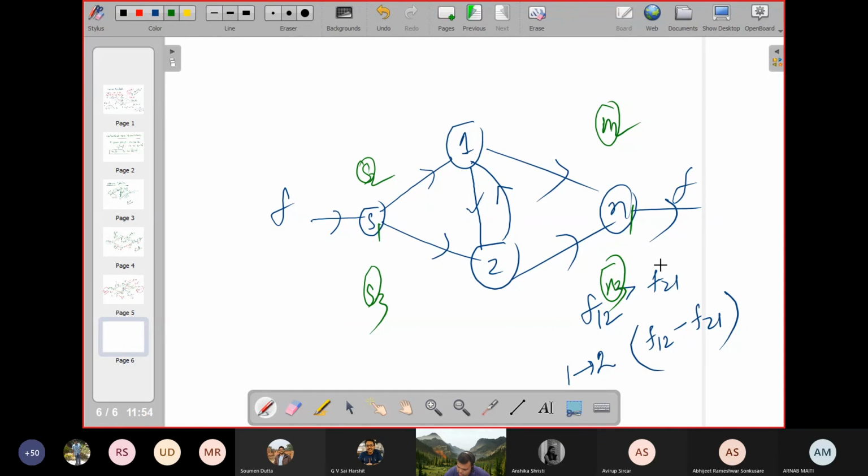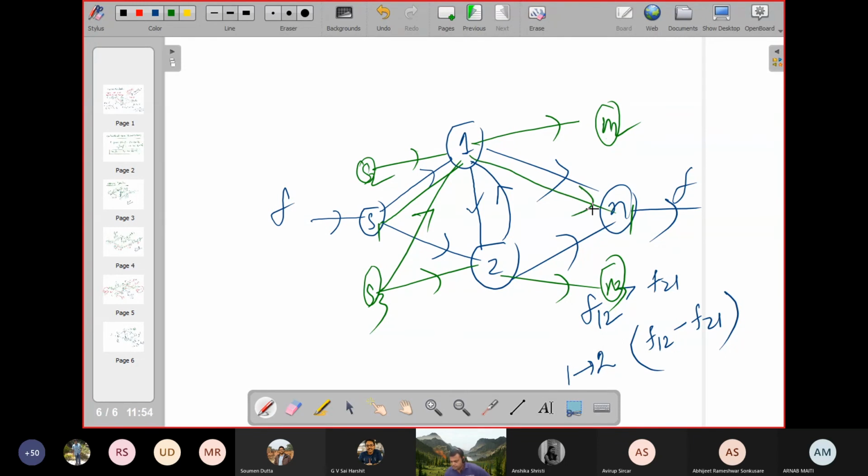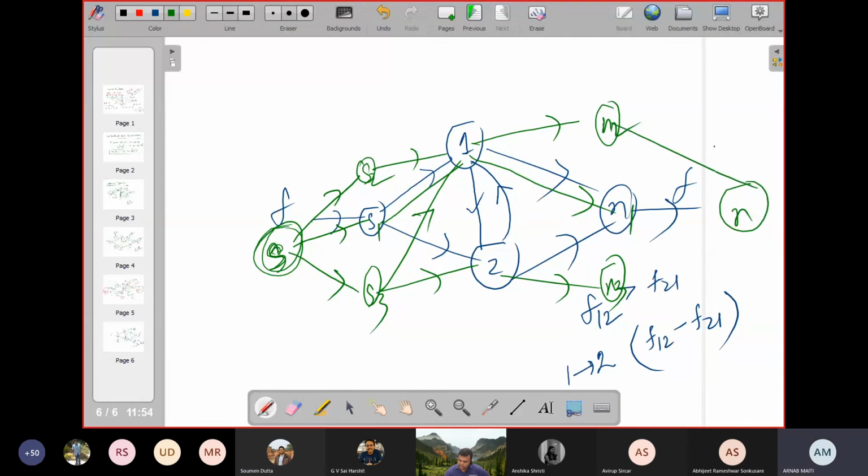You have a network like this, like the transportation problem, connecting these destinations. How do you apply the algorithm? Add a dummy source and connect all the sources to it, and add a dummy destination and connect all the destinations to it.